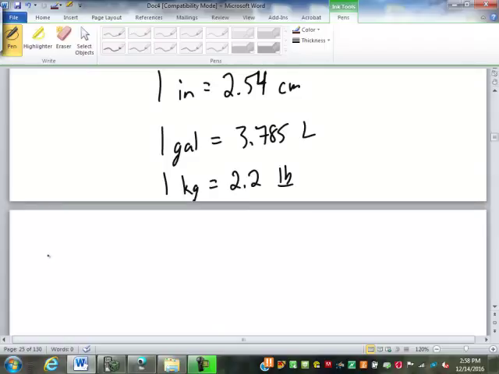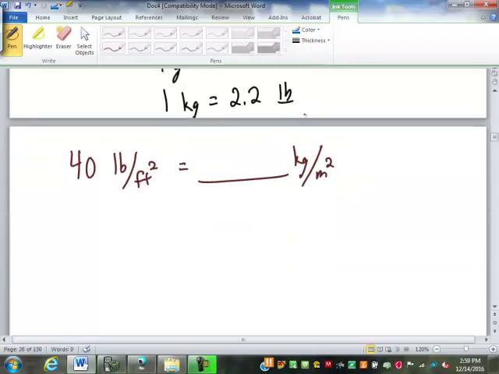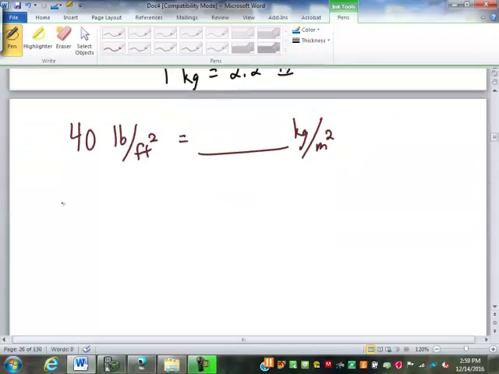Let's say we are given that something is 40 pounds per square foot. We want to convert that into kilograms per square meter. Well, 40 pounds per square foot can be thought of as 40 pounds over 1 square foot.